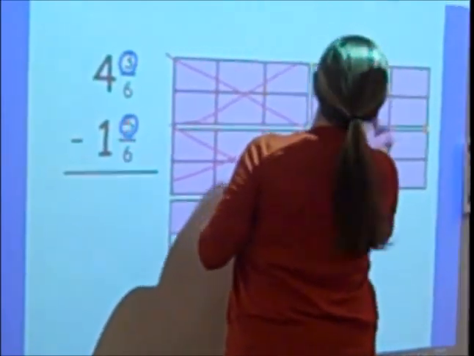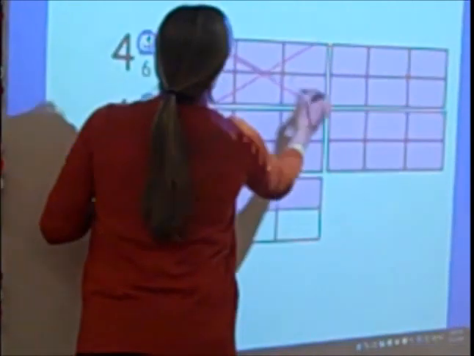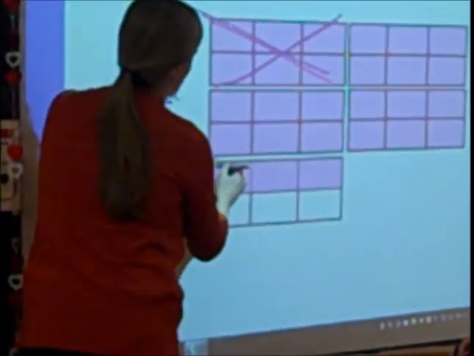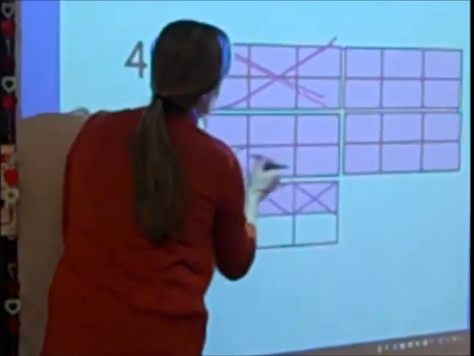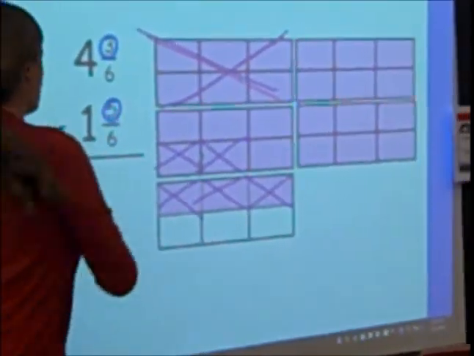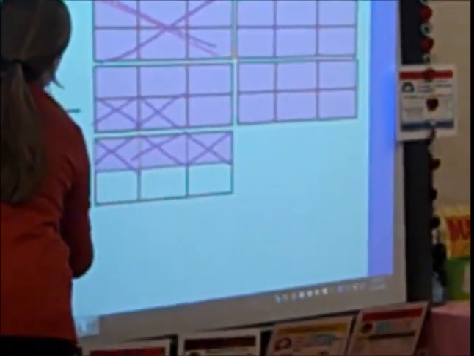Back it up. What am I doing? I'm looking at 4. Take away 1 whole. And then I have to take away 5/6. Start at my fraction. 1/6, 2/6, 3/6, 4/6, 5/6. How many wholes am I left with? 2 wholes. And what's the fraction? 4/6.